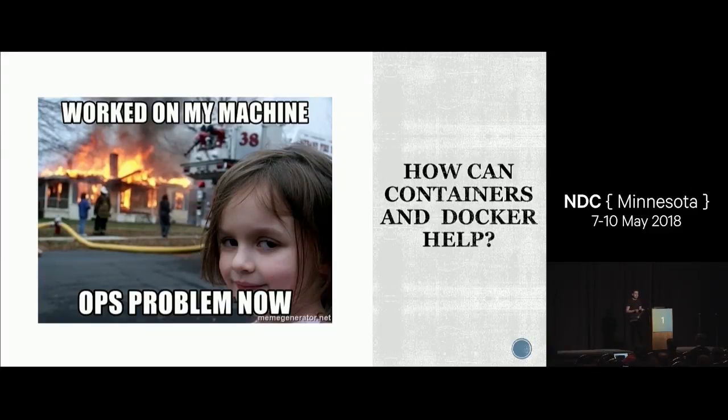It can help us reduce those deployment issues, because we're using the same container on our local machine as on the dev machine, the QA machine, and in production. It also helps reduce single points of failure from a human perspective.